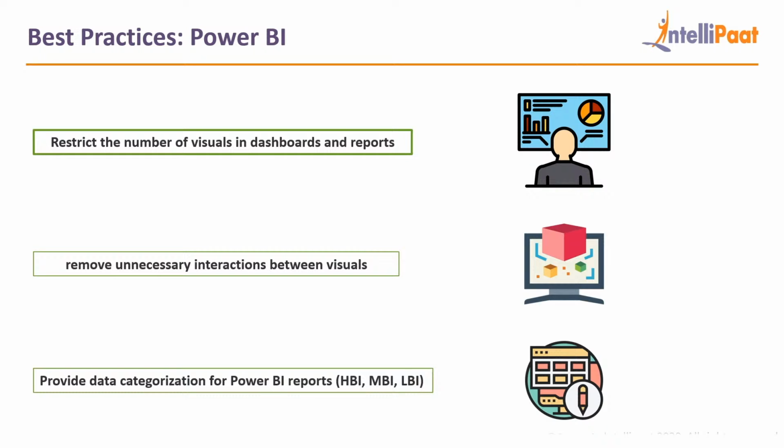The next one is you need to remove the unnecessary interactions between the visuals, right? A lot of people know this. Whoever is working with Power BI knows that by default all of the visuals present on a report page can interact with one another. For optimal performance of your Power BI, it is recommended that you modify and control these interactions between the visuals on your report page.